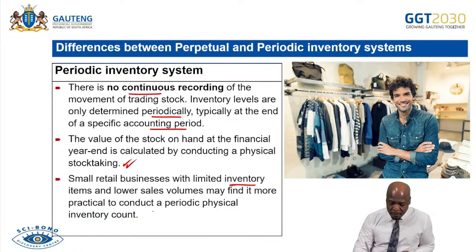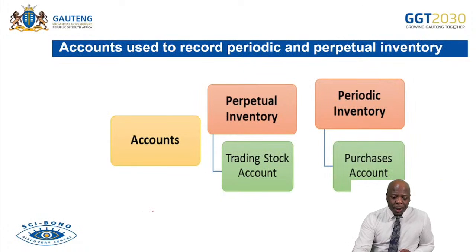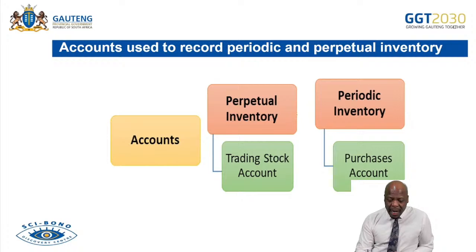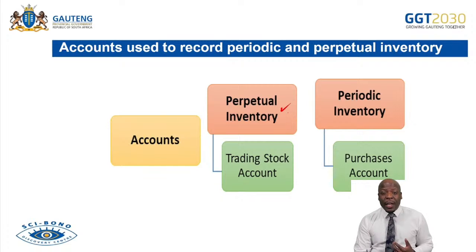From here we're going to move on to the accounts that can be used when we are recording our inventory amounts. When we use the perpetual inventory system, when we have movements in stock, such as purchases, when we acquire stock or when we sell the stock, such movements will be recorded in a trading stock account.